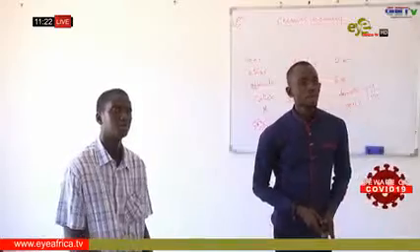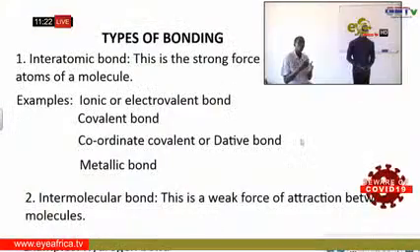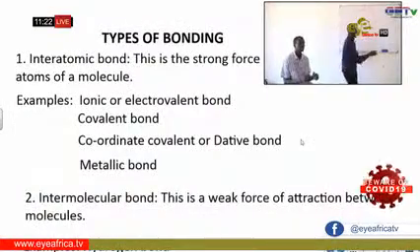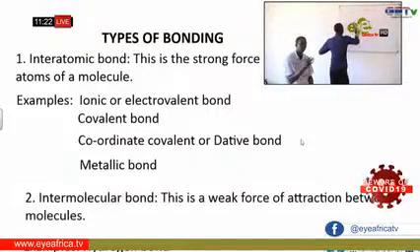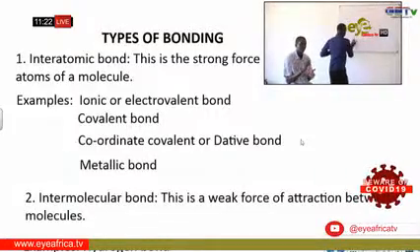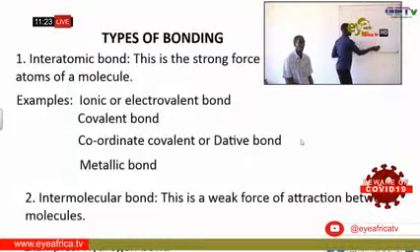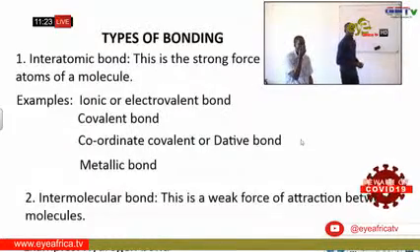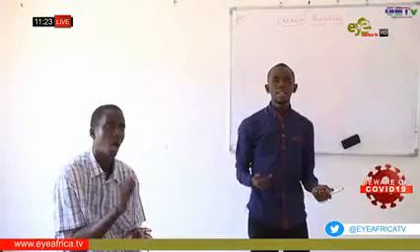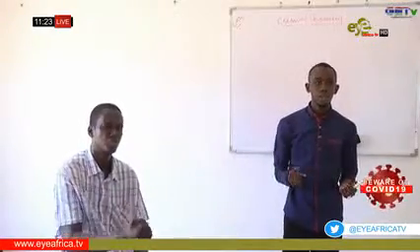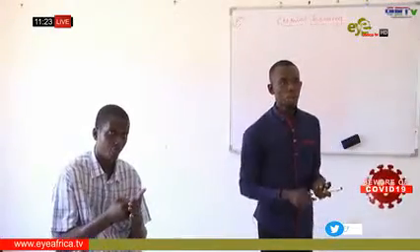Now we also have types of bonding. Generally, we have 2 main types of bonding. The first bond we have is called interatomic bond. This is the bond or the force of attraction between atoms of a molecule.